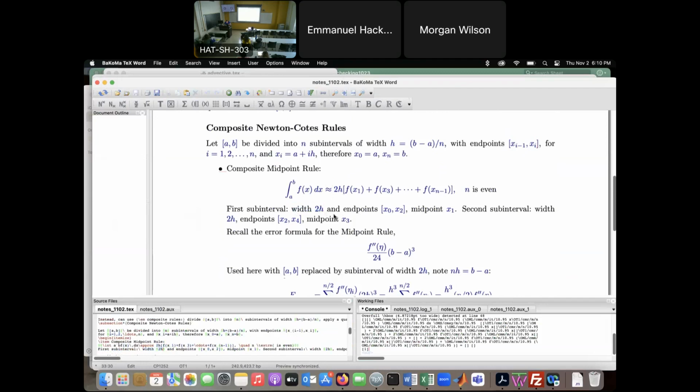So the first subinterval, the endpoints are x0 and x2. The midpoint of that is x1. So that's where I'll evaluate f. Second subinterval, we go from x2 to x4. The midpoint is x3. That gets plugged into f. And then I add all these up. So I only have to evaluate f like n over 2 times. We're assuming here that n is even.